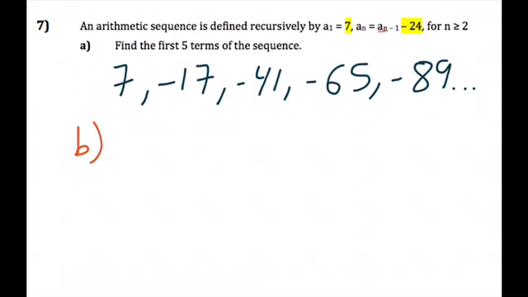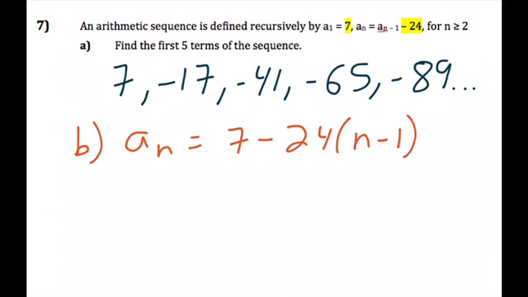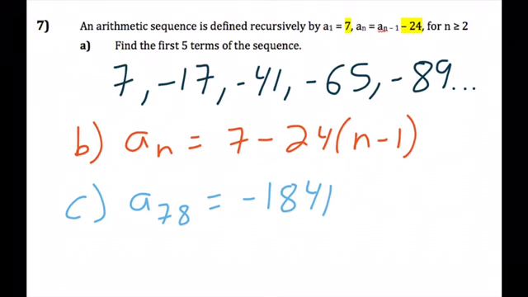For the explicit formula, you should have had a sub n equals 7 subtract 24 parenthesis n subtract 1. And for the 78th term, a sub 78, you should have gotten negative 1841.